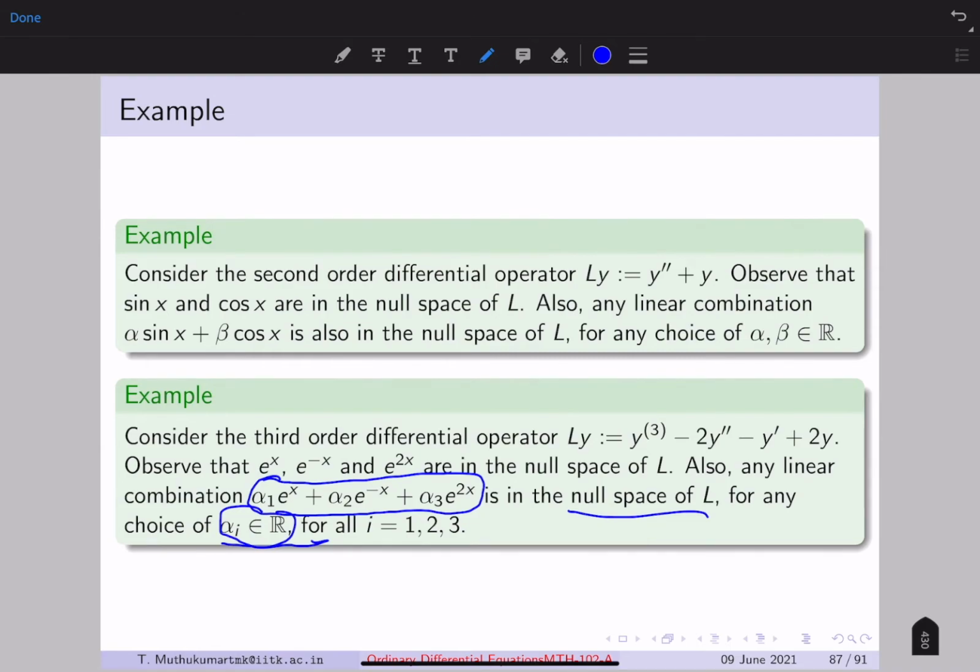If I know two solutions from the null space, then I know that the linear combination of the two solutions is also in the null space, right? So in a sense, once I know one solution, since I know all alpha y's are solutions, I have actually spanned an uncountable collection of solutions just by knowing one solution, right?